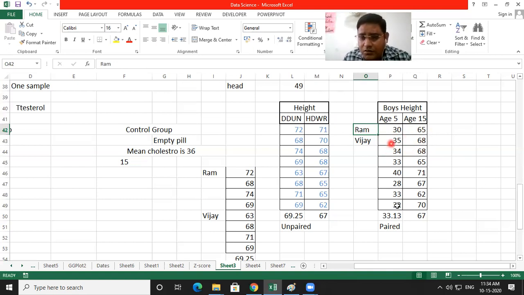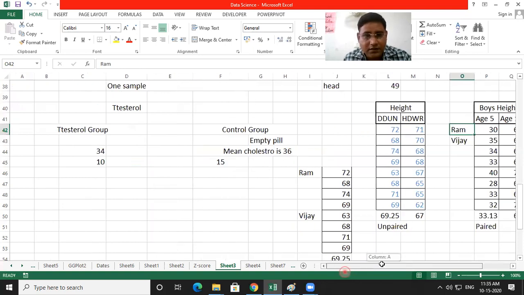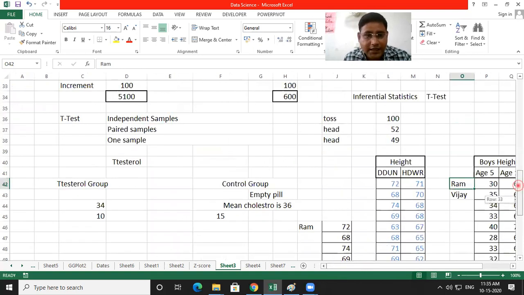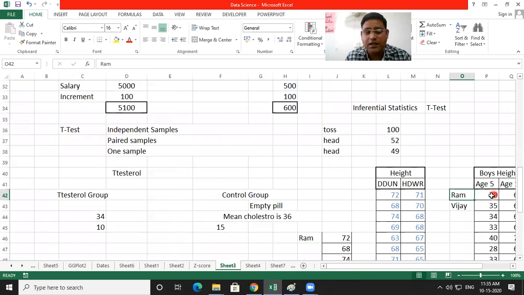Getting the point? So this is our paired data, and when we apply t-test on this type of data, that is known as paired sample t-test.